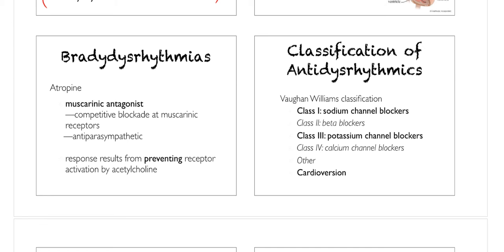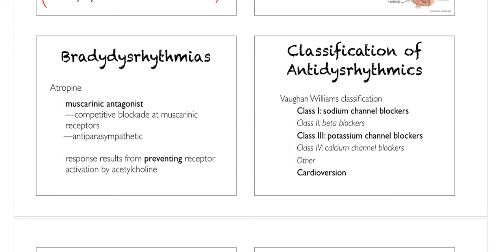By providing competitive blockade at muscarinic receptors, we are able to inhibit any form of parasympathetic activation. We won't necessarily be promoting sympathetic activation, but we'll at least be blocking any parasympathetic activation. Really, we're preventing the receptor from being activated by acetylcholine.